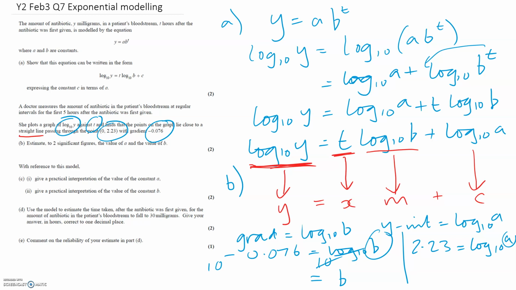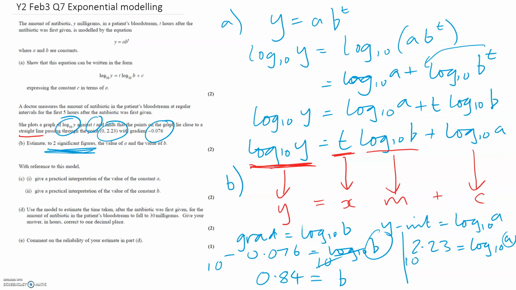So if you type 10 to the power of minus 0.076 into your calculator, you should get 0.84 to two significant figures. I think it's actually 0.8394 something, but it's 0.84 to two significant figures.